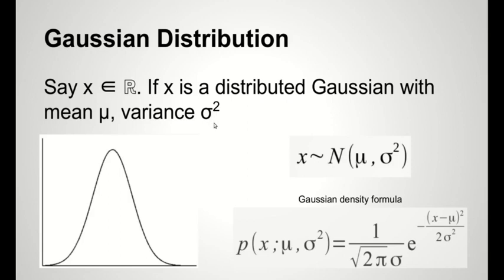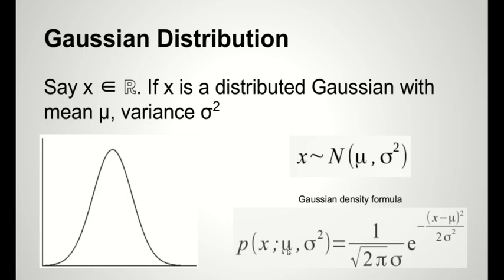And so for a given x, if we define a given mu and a given variance, and we vary the value of x and apply this formula, we will end up with this curve.